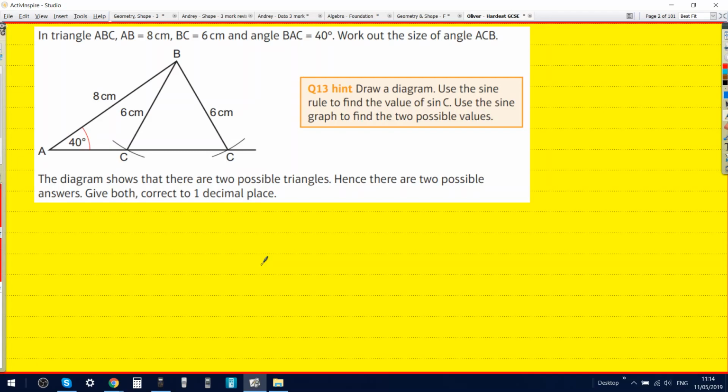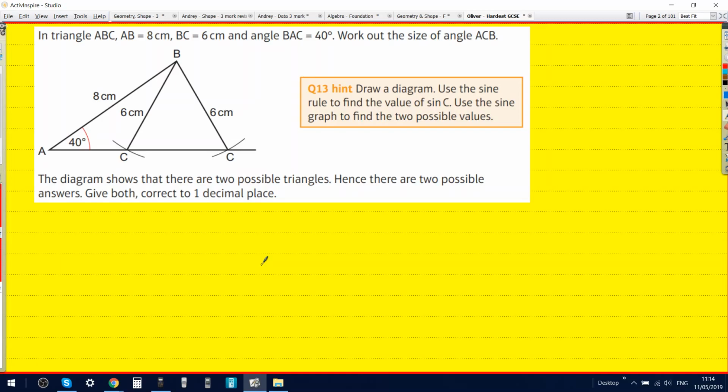Well, we know that the triangle is an isosceles, and I don't know how that would help. We could do, oh, I know.